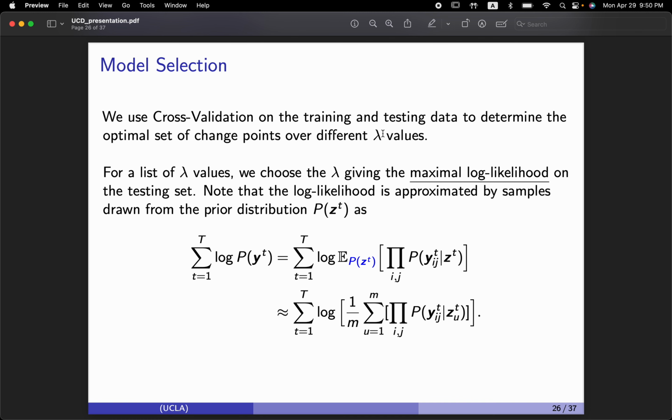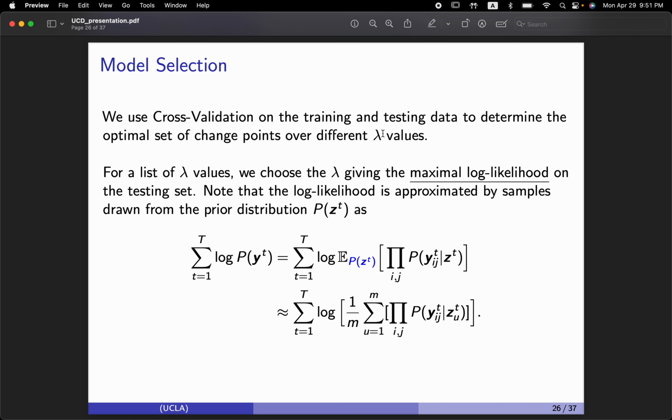And then we're going to choose the lambda that gives us the maximum log likelihood on the testing set. And then in the end, we will anchor on a particular lambda and learn the model on the full data again to obtain our optimal set of change points as the final result.